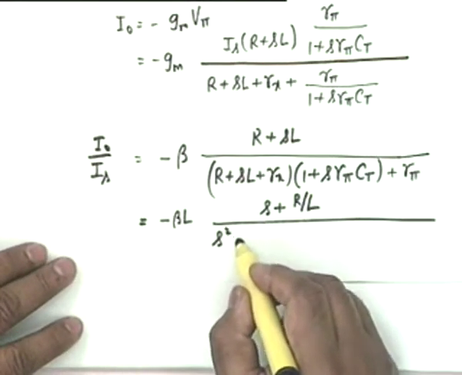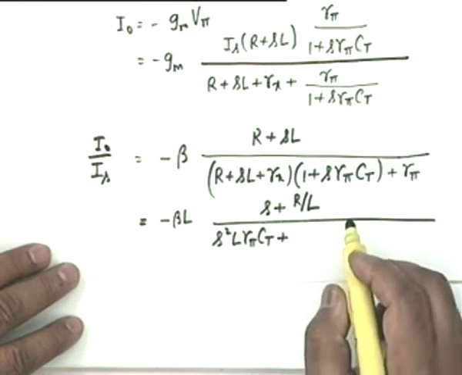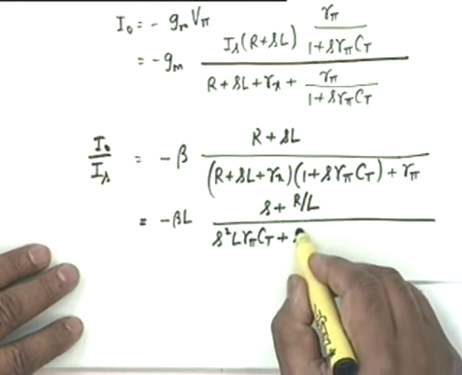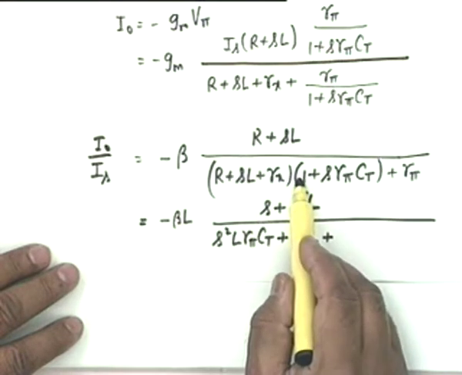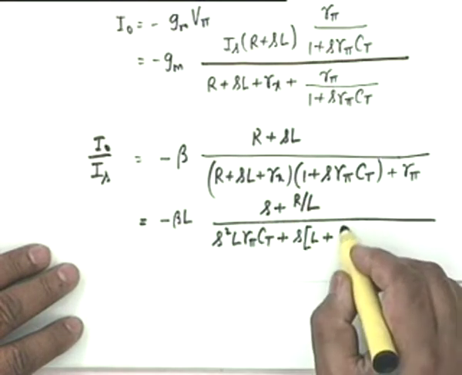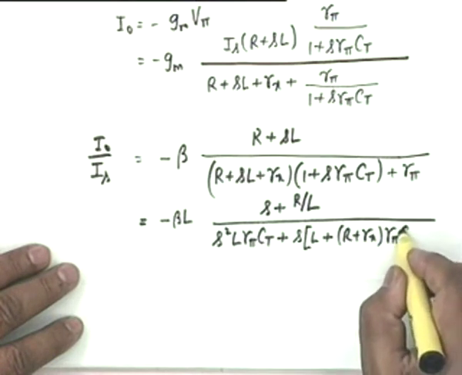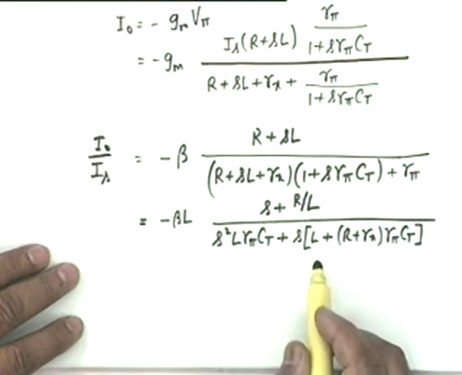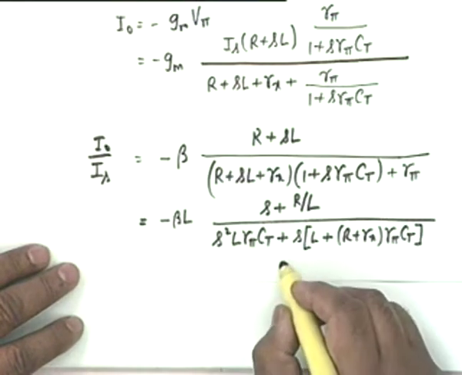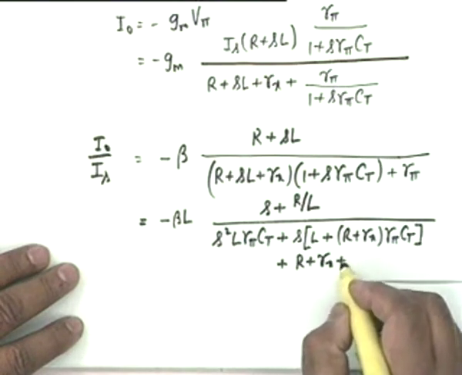S squared L R pi Ct plus S times [L plus (R plus Rx) R pi Ct], okay, the coefficients of S, plus R plus Rx plus R pi.